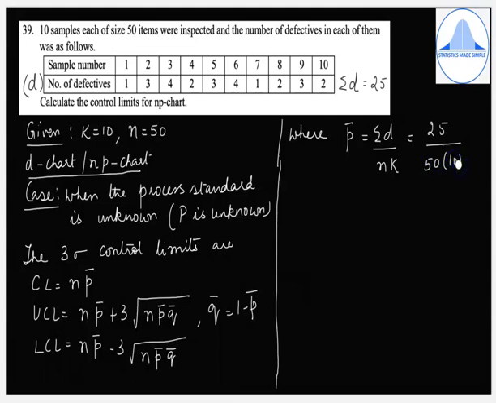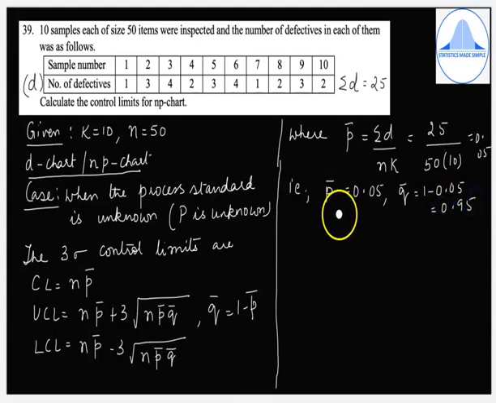So we get P bar equal to 0.05. I'll rewrite it here, that is P bar is equal to 0.05. Then find out Q bar, which is 1 minus P bar, 1 minus 0.05, which is equal to 0.95.